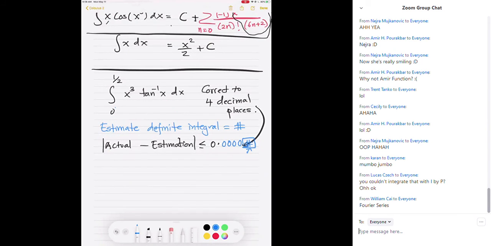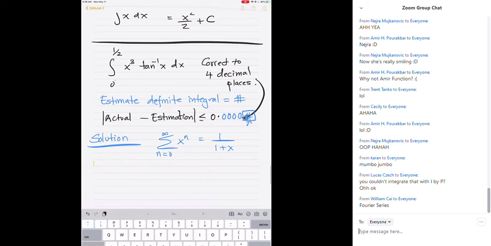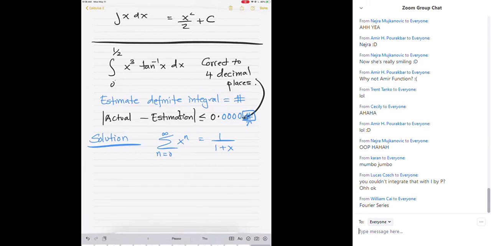And we start. And I picked this example for a reason. So I want all of you to stop writing. And let's talk it from the very beginning. So I'm going to start with this one. I can replace x by x squared.